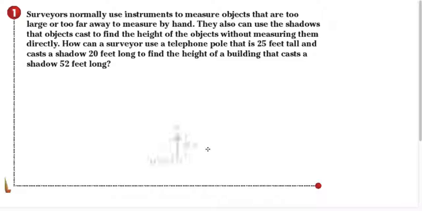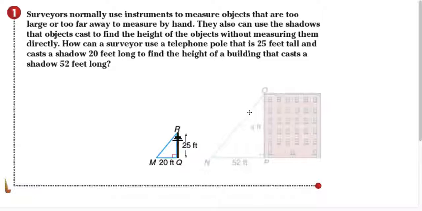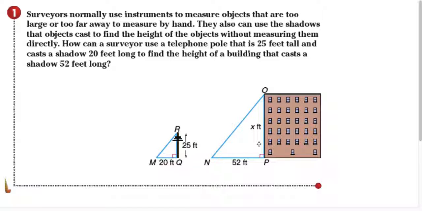Basically saying you have a telephone pole that's 25 feet high and casts a shadow of 20 feet. And you want to find now the height of the building that casts a shadow of 52 feet long. Okay, so this is what we want to find out. And if you notice, it forms two similar triangles, same shape, different size.